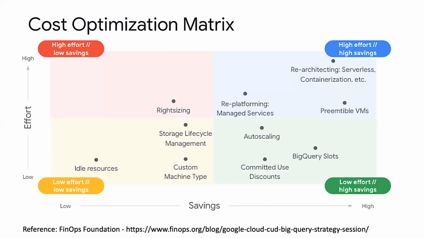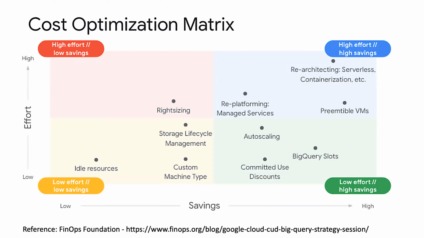So this is a slide that we stole from the FinOps Foundation. And especially as your institution begins to engage in cost optimization, you want to focus on the low-hanging fruit, the stuff that isn't going to take a lot of your time or your team's time to execute on, but has high savings. And typically, if you haven't spent much time engaged in cost optimizations, there's going to be a lot of low-hanging fruit.